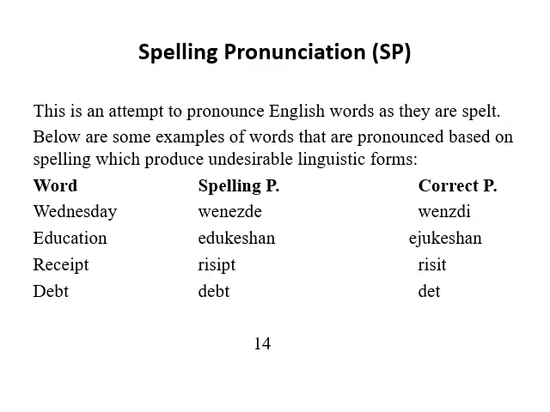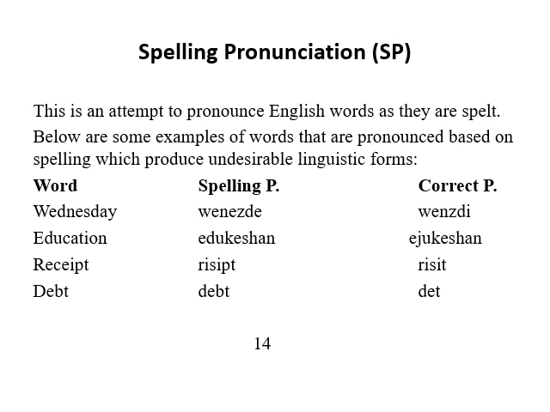Spelling pronunciation is another problem. It's an attempt to pronounce English words as they are spelled. You see, sometimes the way a word is spelled or written is not the way you pronounce it. And when you do that, then what you are doing is spelling pronunciation.